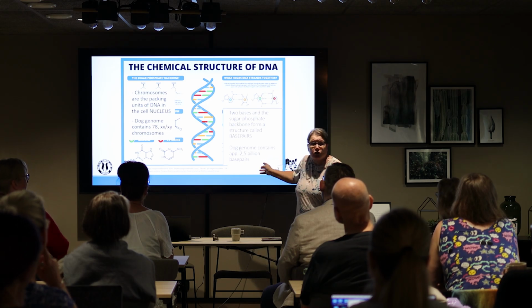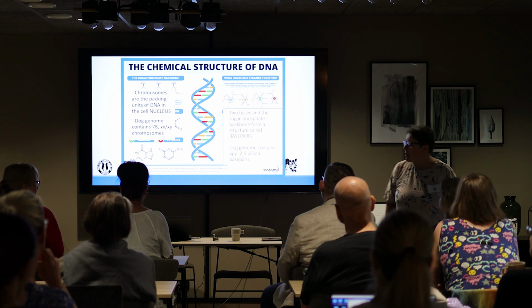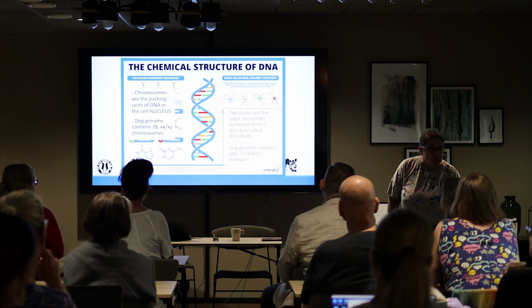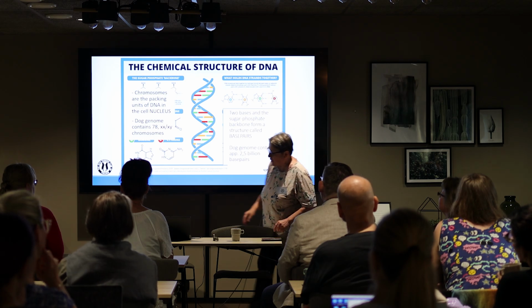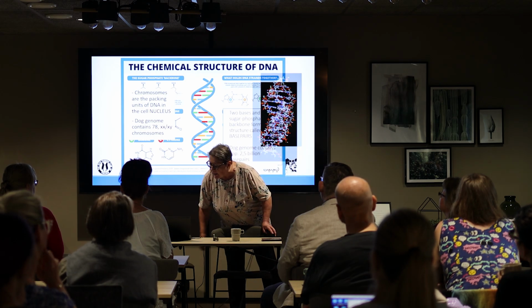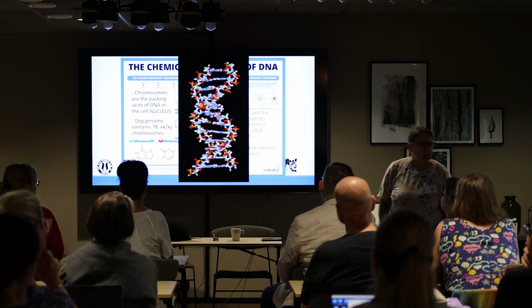And the dog genome contains 2.5 billion of these base pairs. So we are talking about quite a substantial structure. And then this marvelous molecule is making this kind of a double helix.